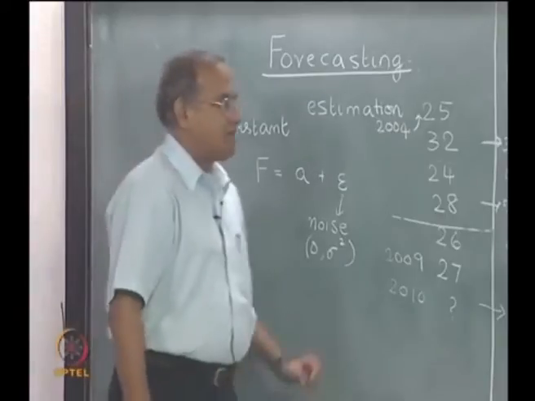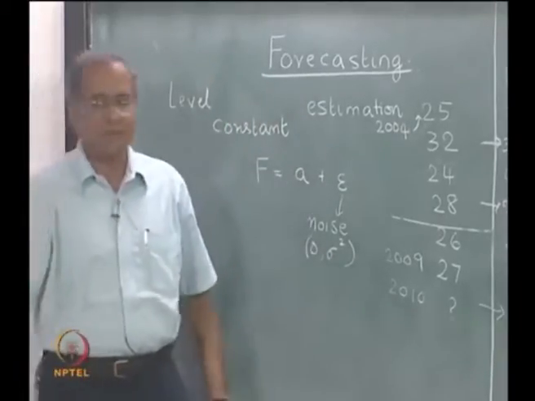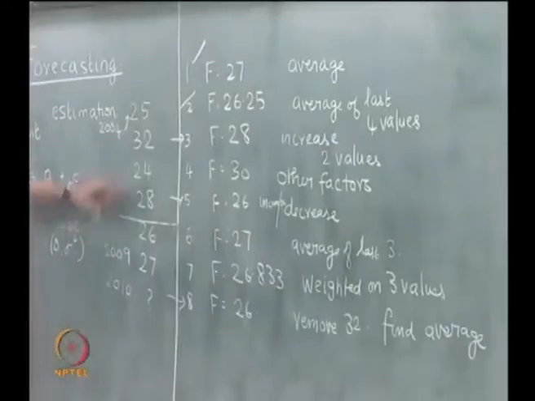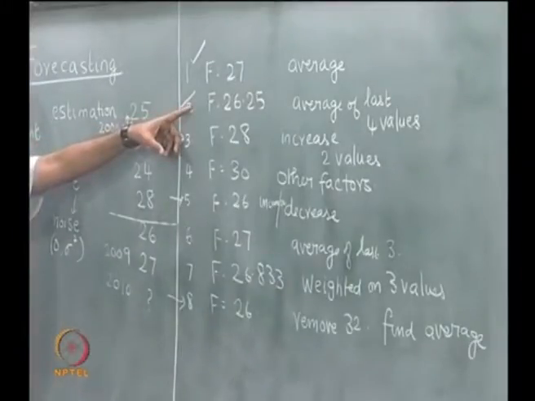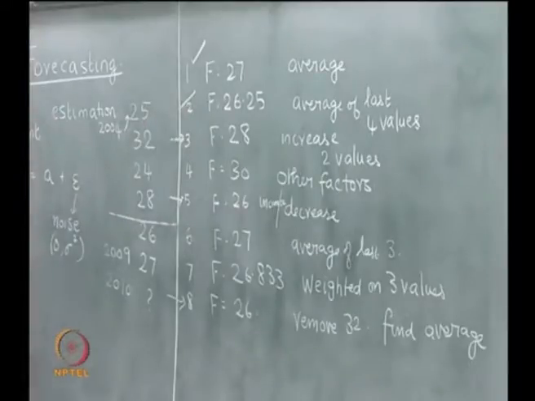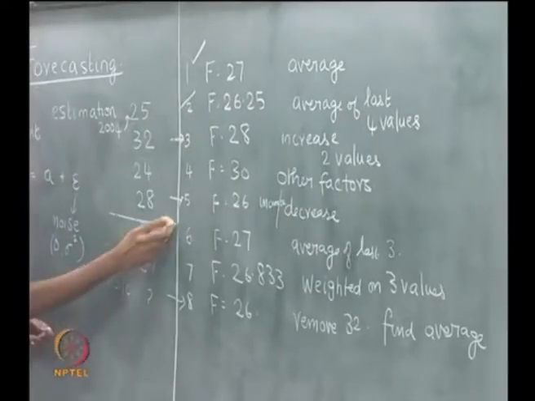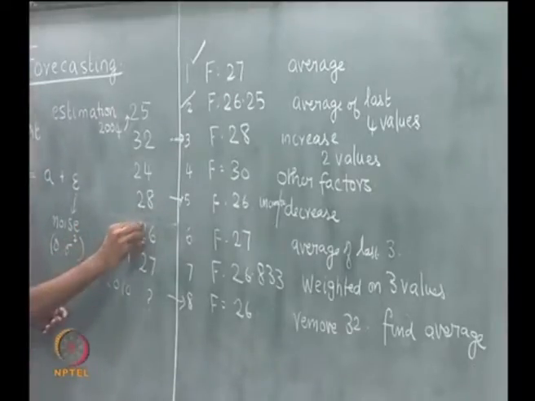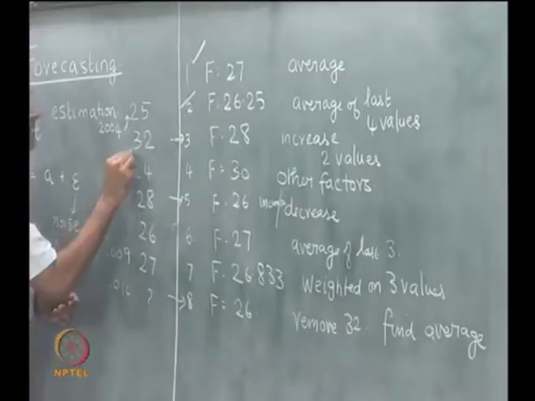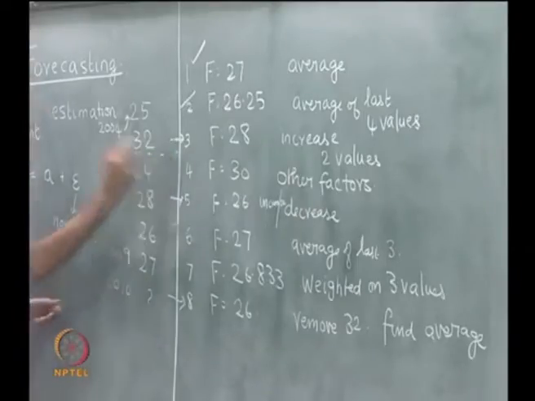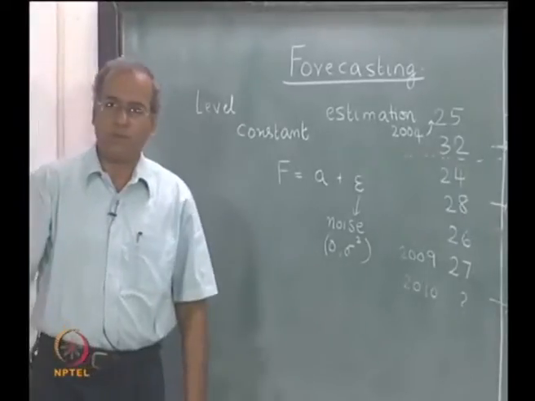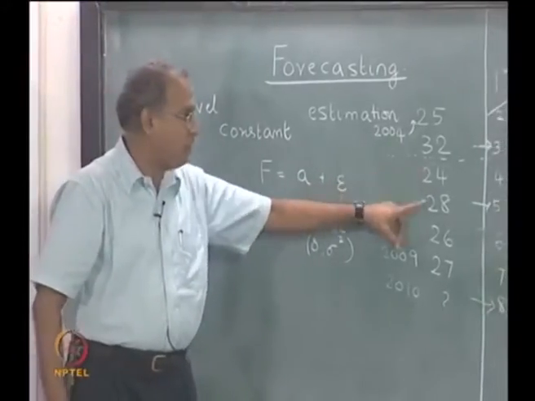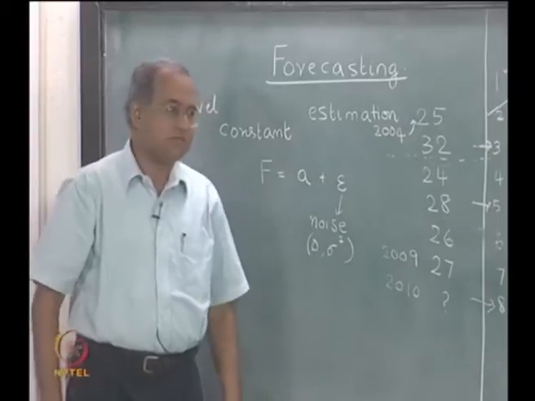Then we move to the next idea that was shown here, where the person had taken the average of the last 4 values. So, there are 6 values, but somebody had decided that the first 2 values, being very old, are not going to be as important as the last 4, and therefore the person has taken the last 4 values and computed the average.